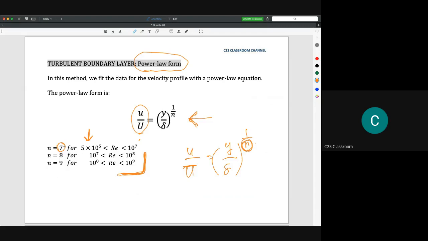And if it is 10 to the power of 8, you take n equal to 8, and at 10 to the power of 9 here, you will take n equal to 9. This is why we call it the power law form, because we assume that the velocity profile can be represented by this basic equation.